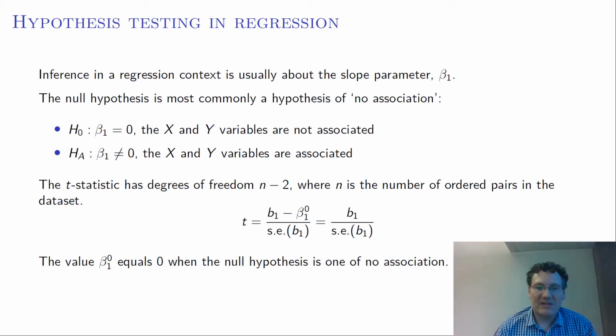So you take the slope coefficient estimate, divide it by its standard error, which, again, I'm not going to tell you how to calculate. And that's going to give you a t statistic. And then you can see how extreme that t statistic is.